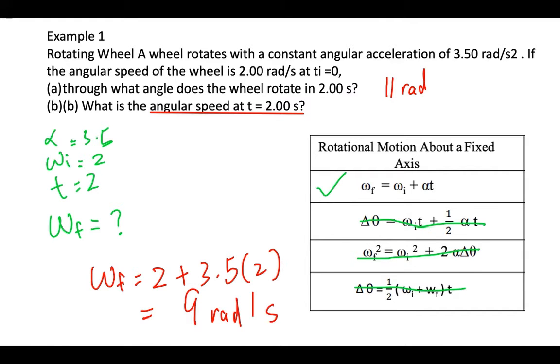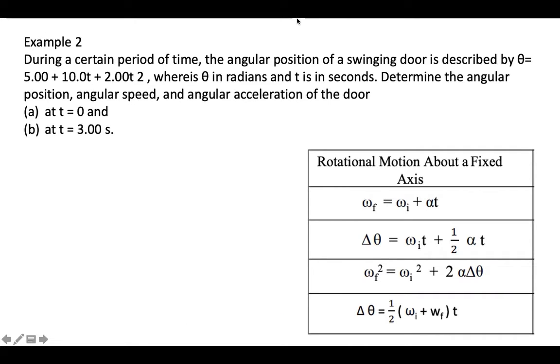And we look at the next. Okay, example number 2. We need to find that during a certain period of time, the angular position of a swinging door is described by this expression. As you can see right now, this is in terms of a formula, which is not the usual given number.